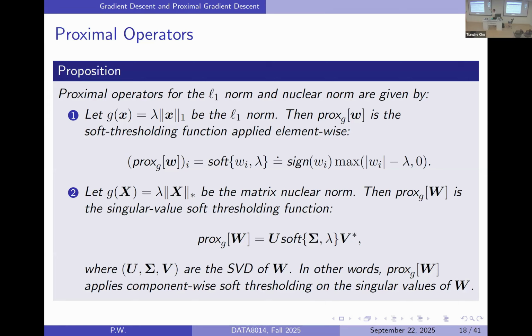You can verify that if wi is positive, then the sign is 1 and the absolute value of wi is wi, so we get wi minus lambda. For the second case, if wi belongs to the interval minus lambda to lambda, the value is 0. And for the last case, it's wi plus lambda.